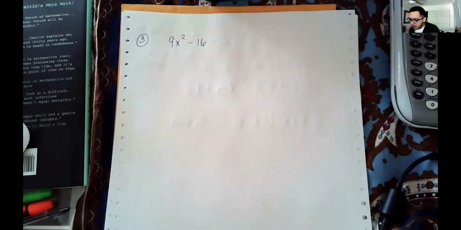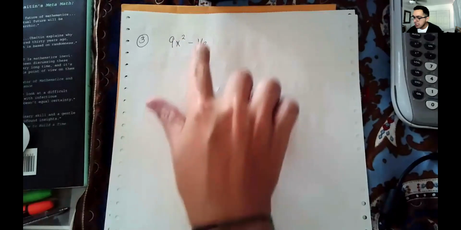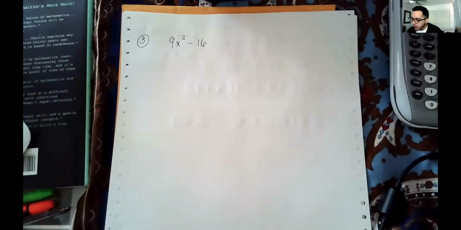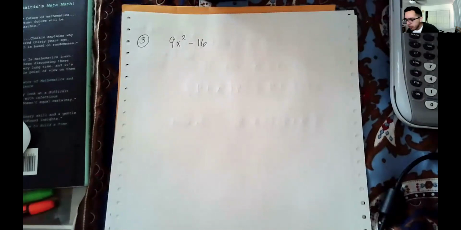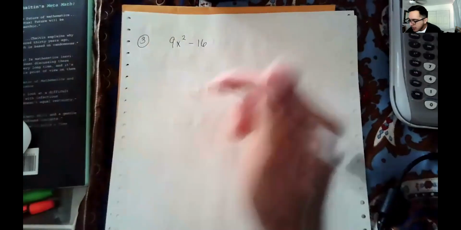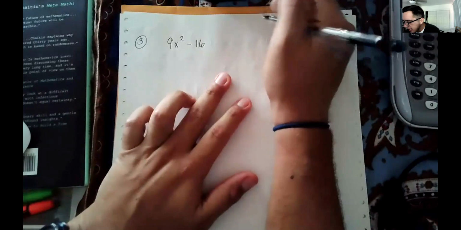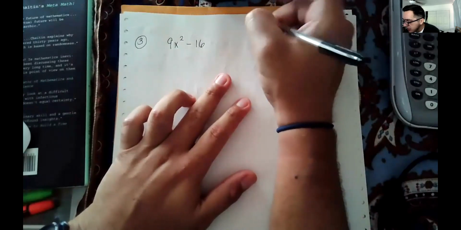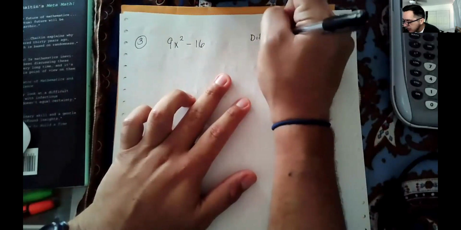9 and 16. What about 9 and 16? They're divisible by 3 and 4. Right. And I think that you're on the right track. We know that 9 is divisible by 3. We know that 16 is divisible by 4. But more than that, I'm sure that when you guys were going over factoring techniques, Ms. Cottier talked about a special factorization called the difference of squares.